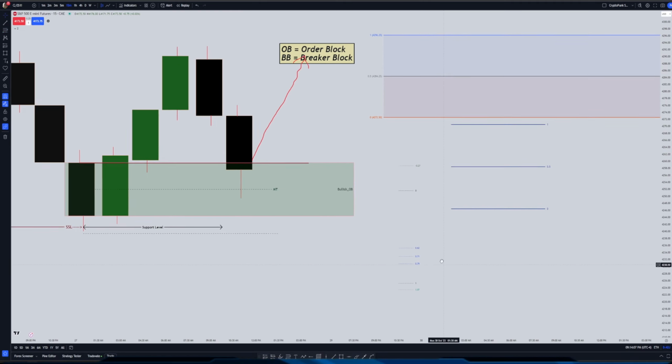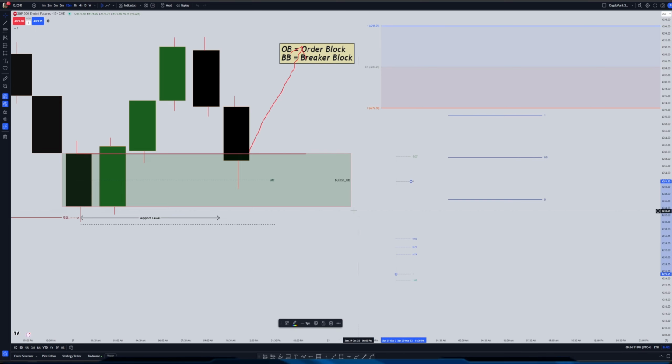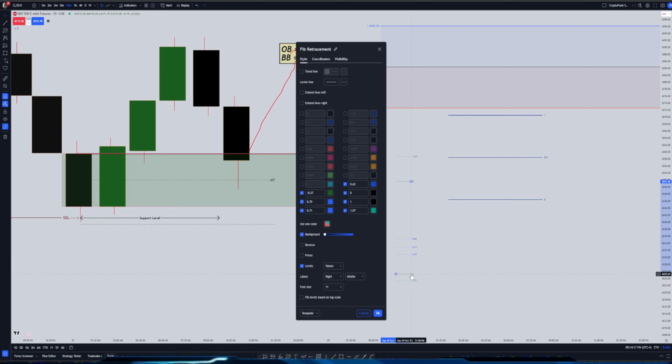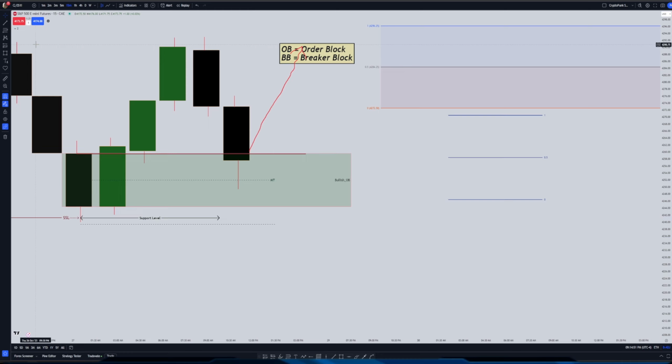You see this, my fib is different now. So when I draw a fib, all I need to do is select this template, or double click on the fib, go to the template, and choose the saved measure levels. You see, it changed just like that. So you don't need to worry too much about it. If you have saved this, you don't need to worry about the gun box or anything.